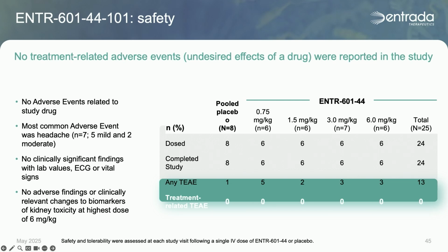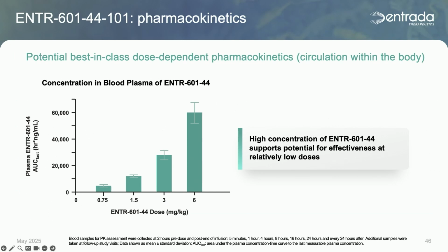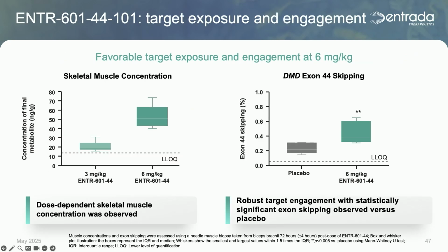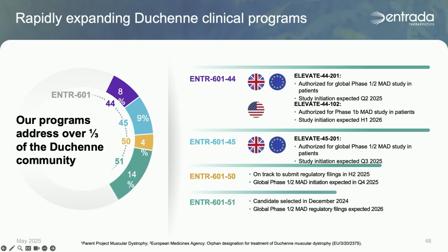There's headache as a common event, no adverse findings from this single dose, but there was evidence for target engagement. First off, there were high plasma concentrations, suggesting that even at a relatively low dose it gets across the bloodstream, and there was favorable evidence for target engagement at this single dose in individual patients, with increases of exon skipping to levels above 40%, as you've seen on the right. So we've got robust target engagement.